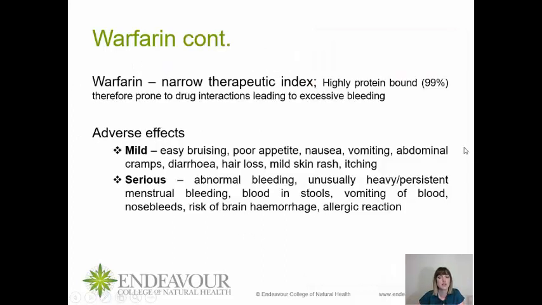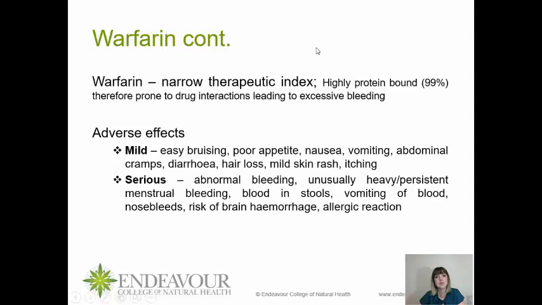Now, the issue with warfarin is that it has a very narrow therapeutic index. You'll see it come up again and again through our lectures in lists of drug interactions. We pay a lot of attention to drug interactions with warfarin because of this narrow therapeutic index. It's very highly protein bound, and just a little bit too much is going to cause excessive anticoagulation, meaning that you can't form normal clots that are required, and just a bit too little is not going to have the effect of stopping the aberrant clots that you're trying to stop.